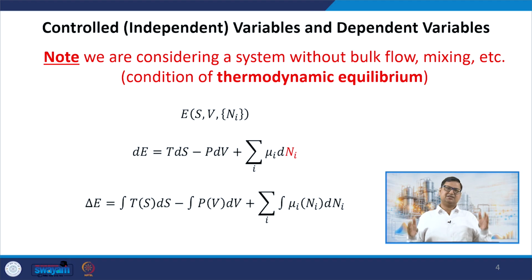I am considering systems which are otherwise stationary. Of course, the molecules within the system are still moving. That is always the case. Even if we have a stagnant glass of water, the molecules within it are still moving purely by diffusion, but there is no bulk movement. There is no pressure driven movement or things like that, right. Or any kind of mixing, no external agent.